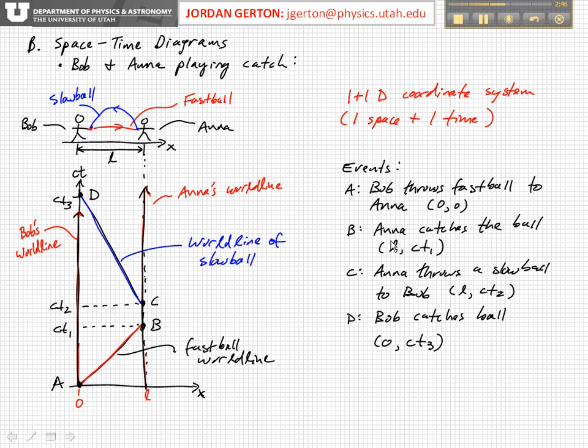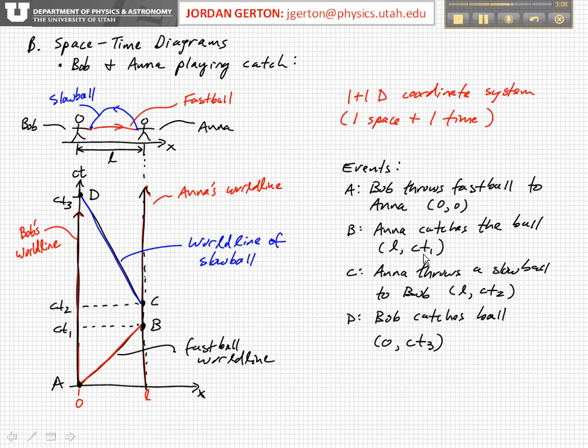Again, that's an event. It happens at a particular point in time, in a particular location. Since Anna is standing over here a distance L away, that happens at position L and at time T1. So the coordinate is C times T1.